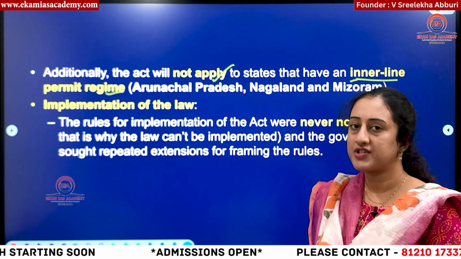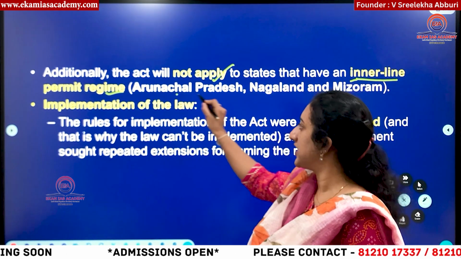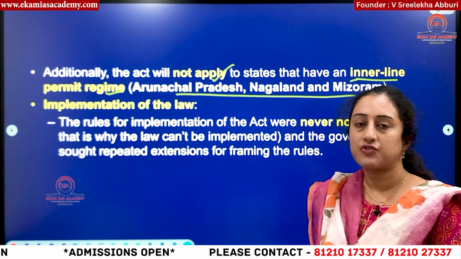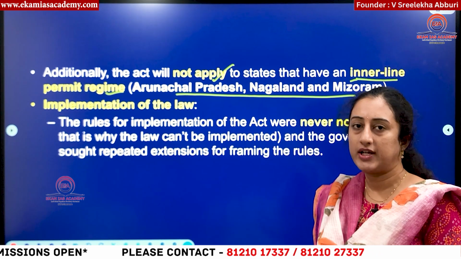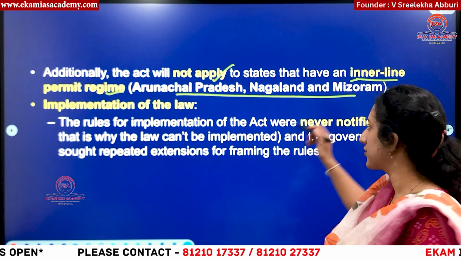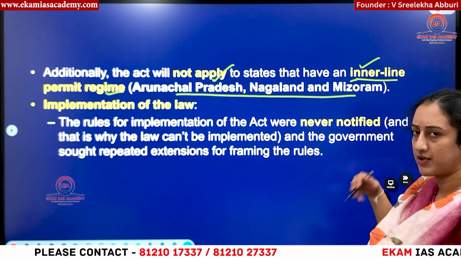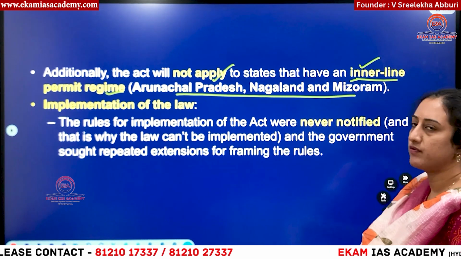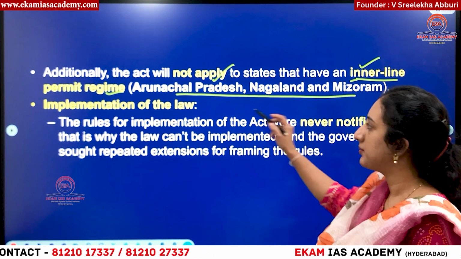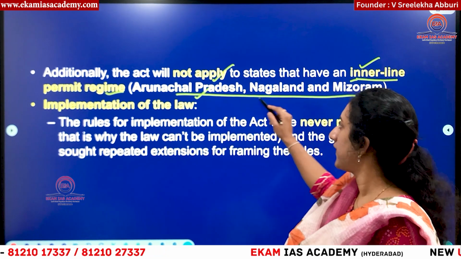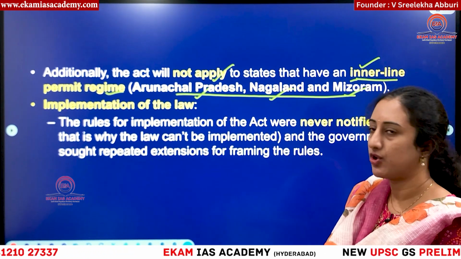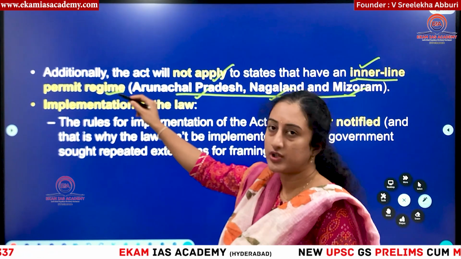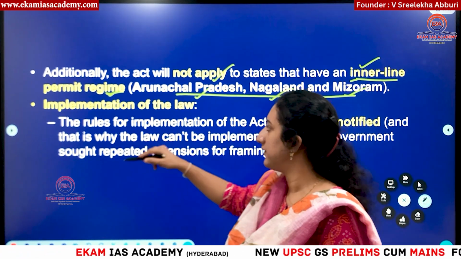It was introduced because these areas have tribal identity, to protect their tribal identity and not interfere in tribal culture. This inner line permit system was introduced at the time of the British, and now we are continuing it. So the inner line permit is in these particular states of Arunachal, Nagaland and Mizoram. So for these three states also it will not apply. Only these areas with the inner line permit, it will not apply.